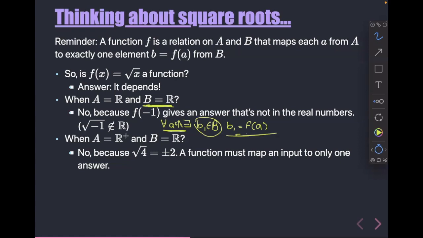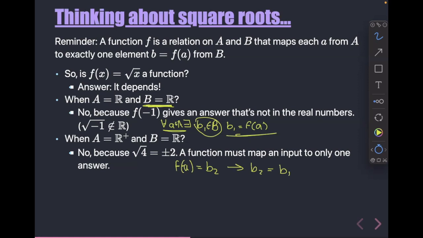But remember, I had another property to be a function, and that's that it should only map to one value. It was something like, if f of A equals B2, then B2 should equal B1. Basically it was saying there should only be one value.